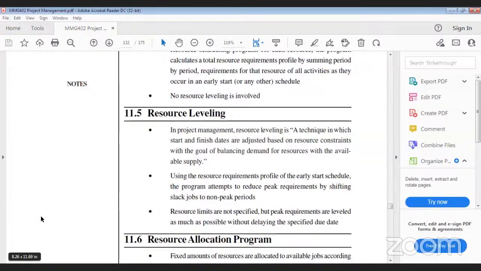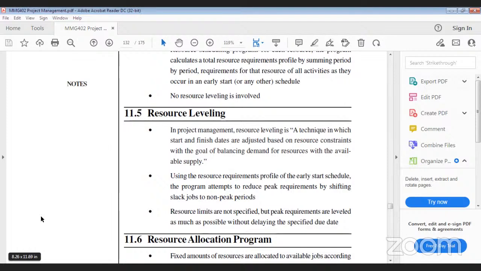Here the resource limits are not specified, but peak requirements are labeled as possible without delay in specified due dates also. And there is also a resource allocation program.